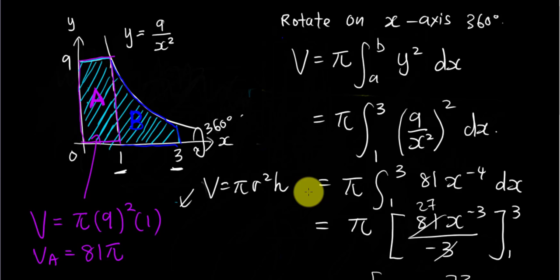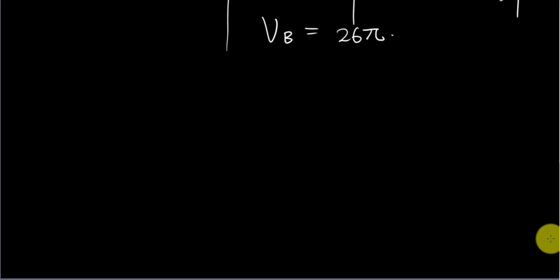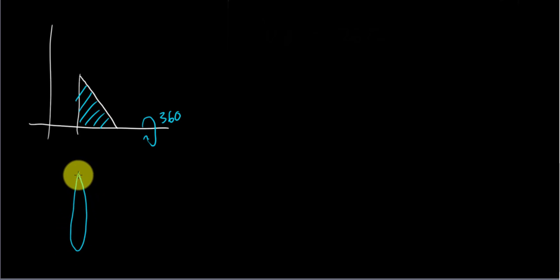Alright, before I end this video, let me move on a little bit more. Just now we learned how to rotate a rectangle. So let's say you have a triangle, and this triangle rotates on the x-axis 360 degrees. When a triangle rotates 360 degrees, basically you will get a cone, isn't it?